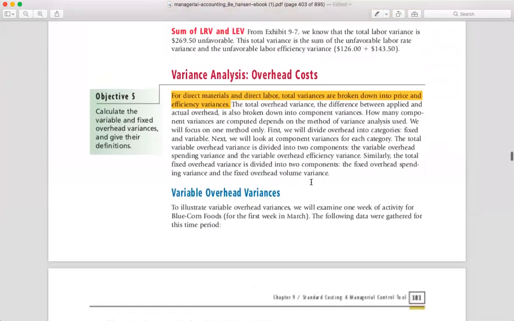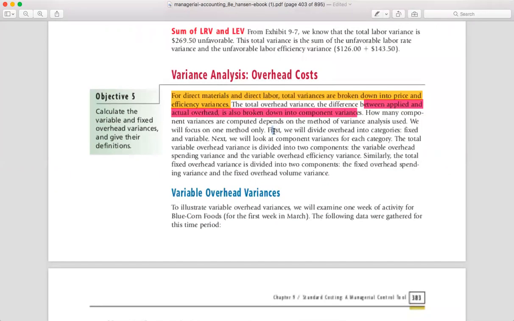So for the direct material and direct labor, the total variance is broken down into price and efficiency. And the total overhead variance is actually the difference between applied and actual, broken down into component variances. How many components really depends on the method of variance analysis used, but we'll focus on one method.